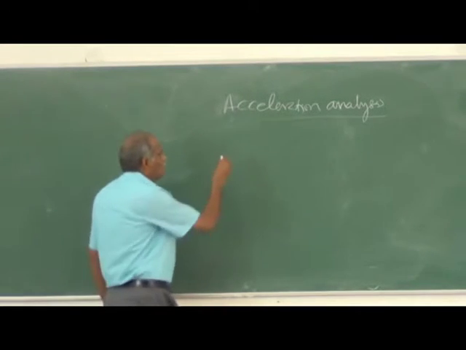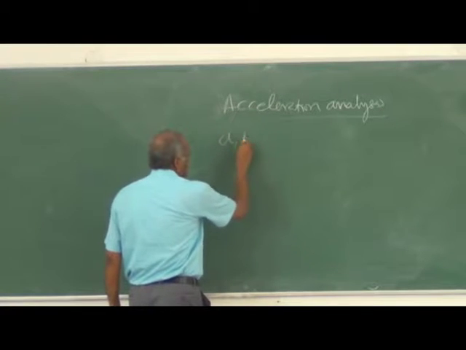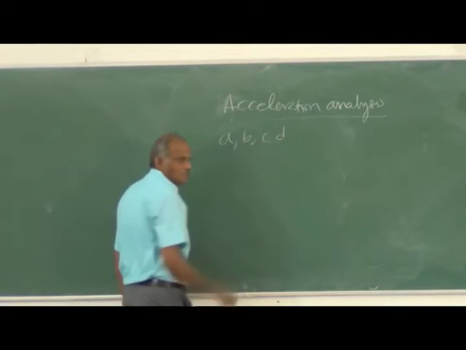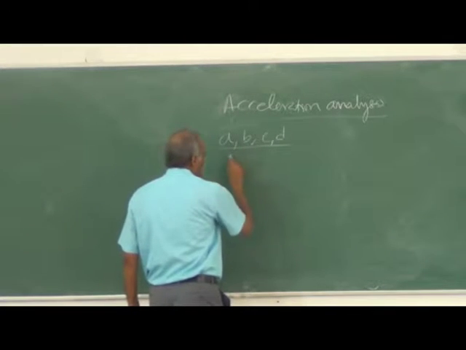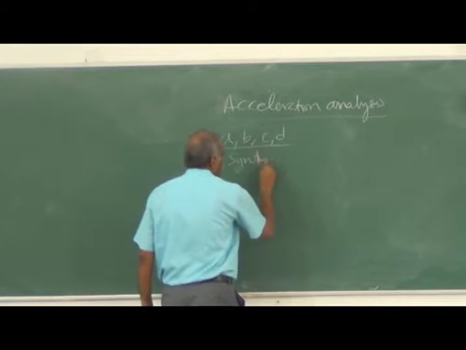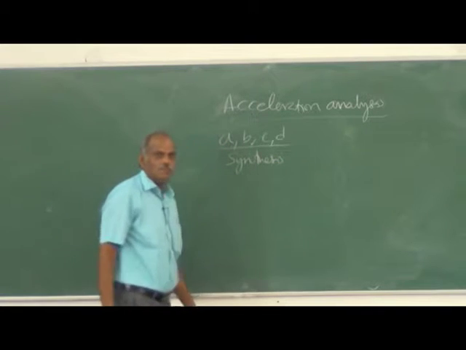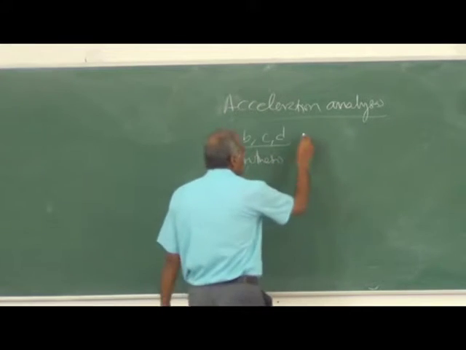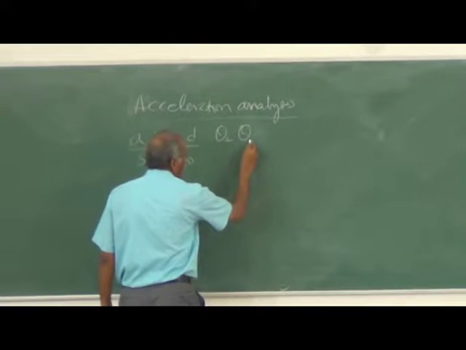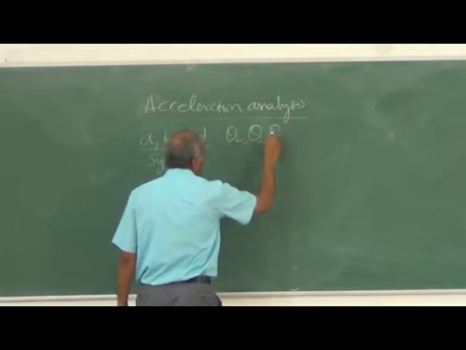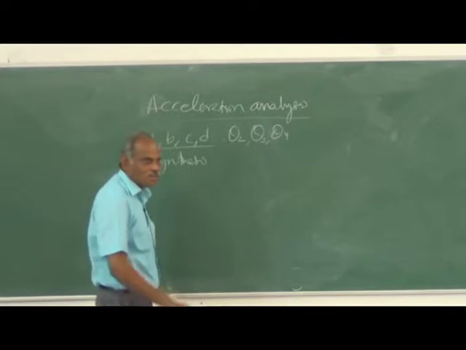So you know these details, the length of the links A, B, C, D. This you have got by synthesis. Then theta 2 is given. You have found out theta 3 and theta 4 for a 4-bar mechanism.